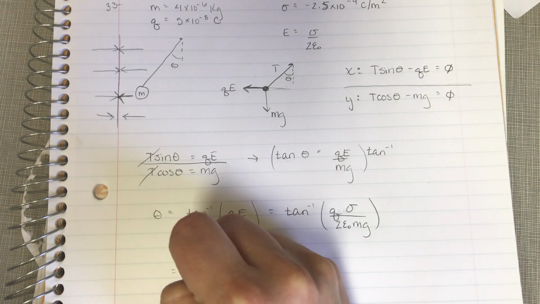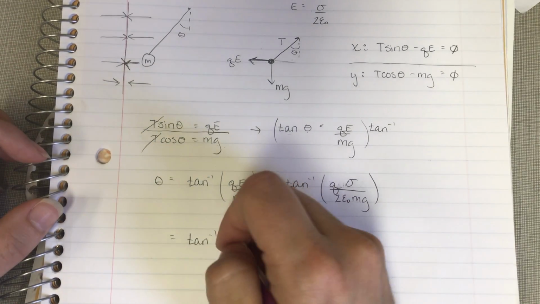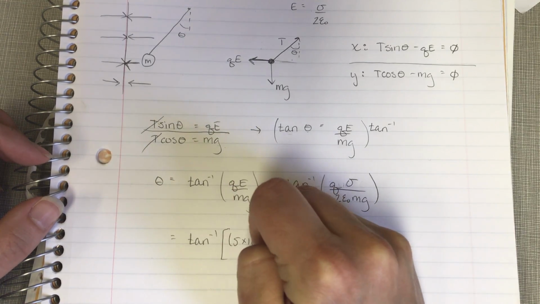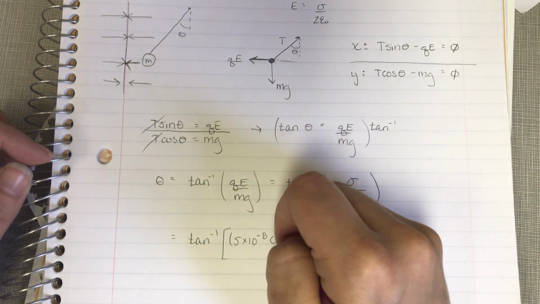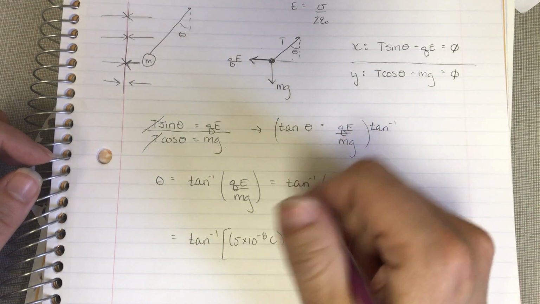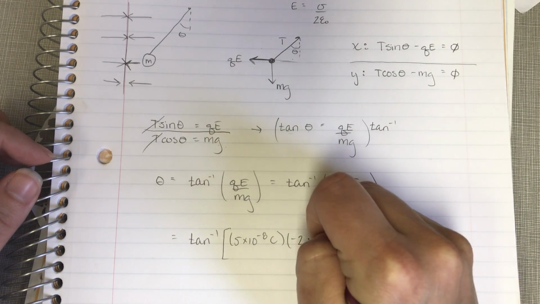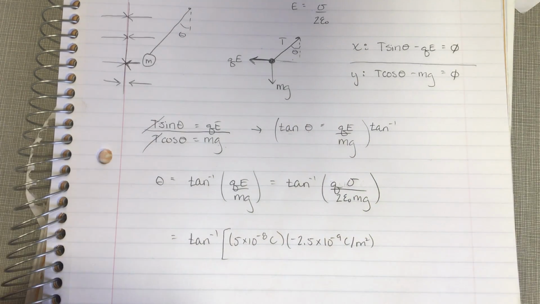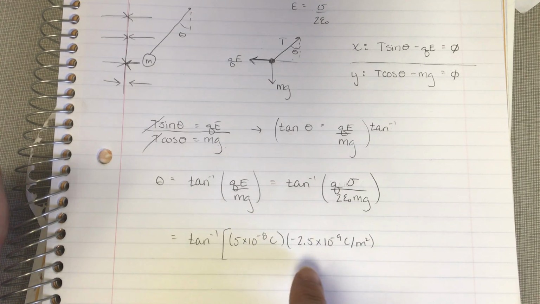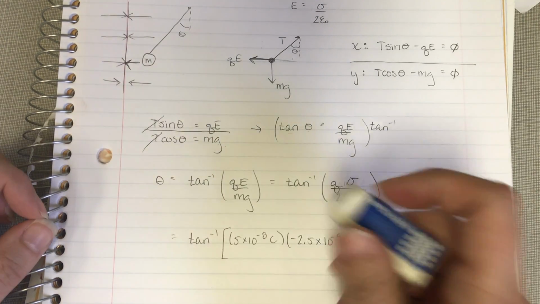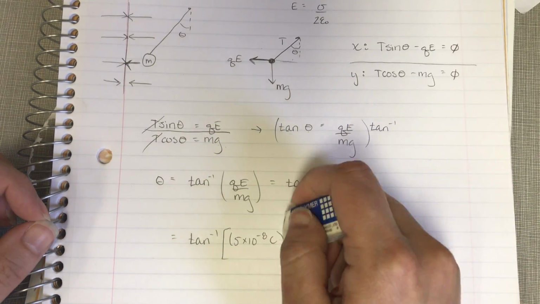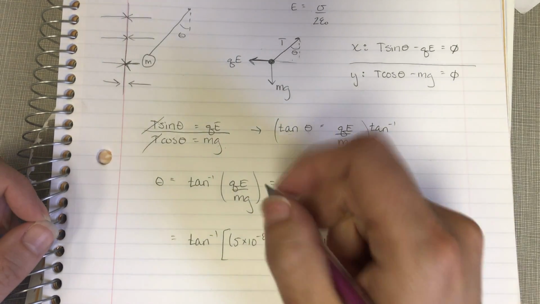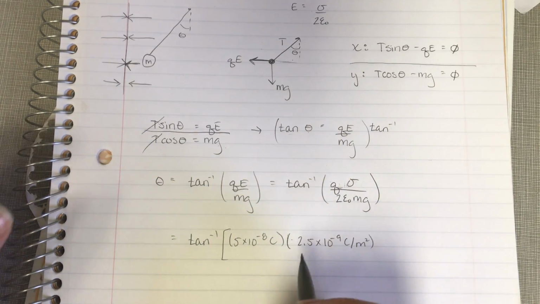Sigma was minus 2.5 times 10 to the minus 9 coulombs per meter squared. I already took into account the direction of my field when I was doing my Newton's laws, so I am not putting my minus sign in here, because that is the only purpose of the minus sign.